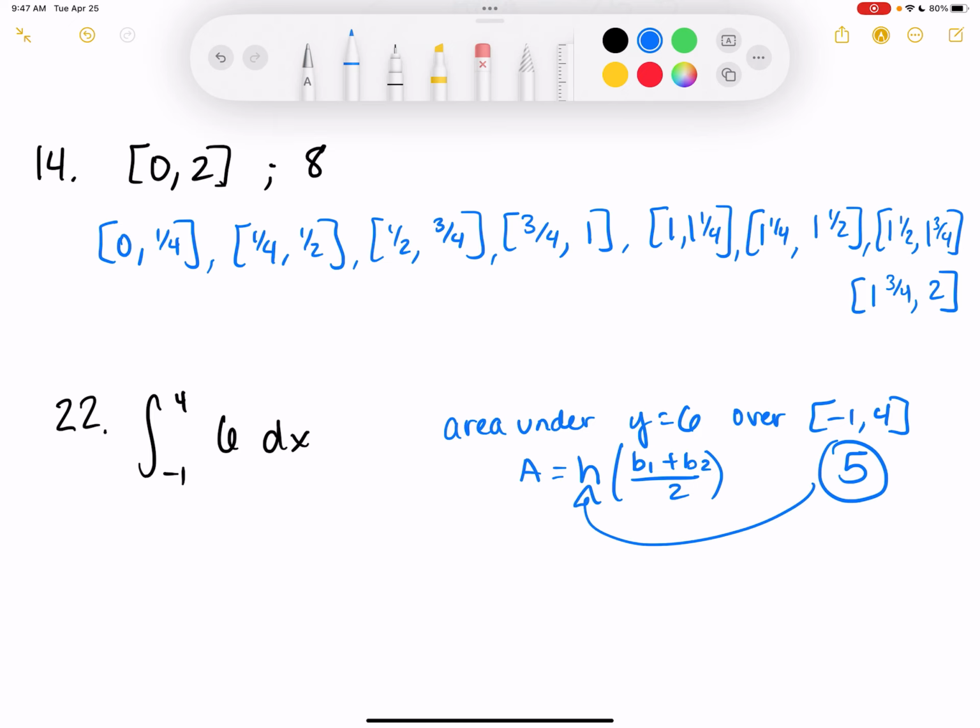So we have, this is equal to 5 times, well, there's nothing to plug in, so it's just going to be 6 plus 6 over 2. Why is there nothing to plug in? Because there's no x. If there was an x, we would plug in the endpoints, but there's not an x in this one. So that's 12 over 2, which is 6. So 5 times 6 is 30.